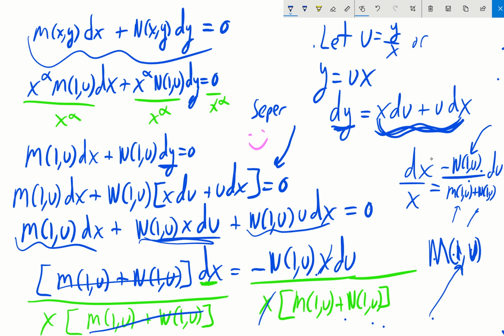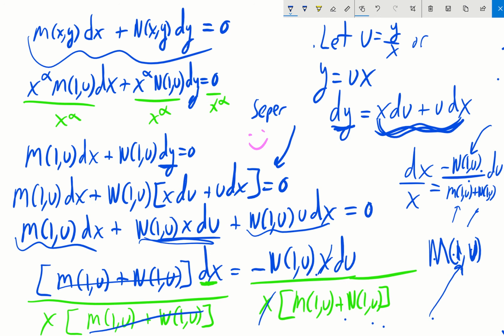So these coefficients on the right-hand side are all just functions of u, and therefore this thing can be solved by integrating both sides. This is going to be a function of u du, we can integrate, and obviously we can integrate 1 over x dx, and this is what it means to solve this kind of differential equation.